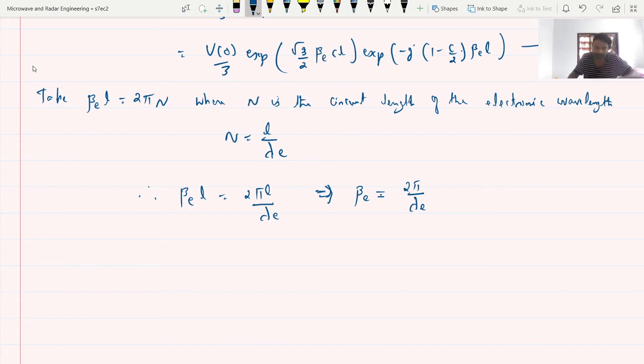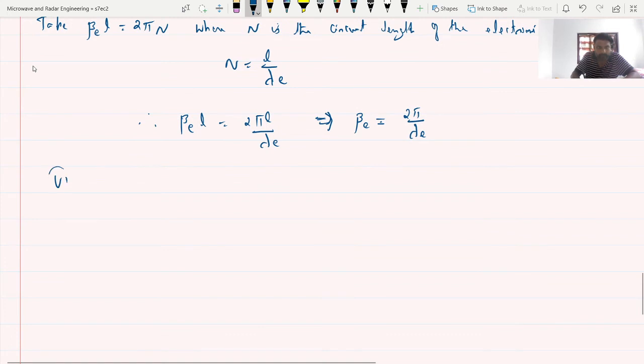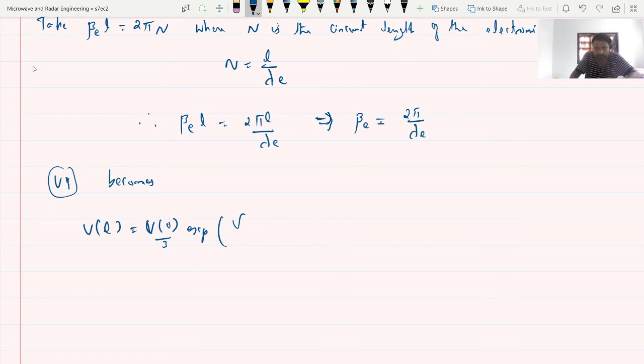So equation 6 becomes V of L is nothing but V of 0 by 3 exponential of root 3 C pi by lambda e, exponential of minus j 1 minus C by 2, 2 pi by lambda e.